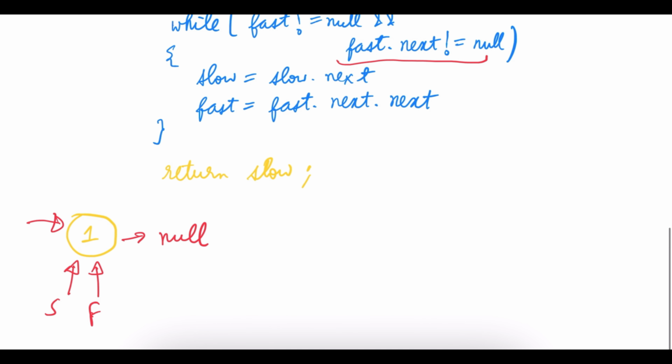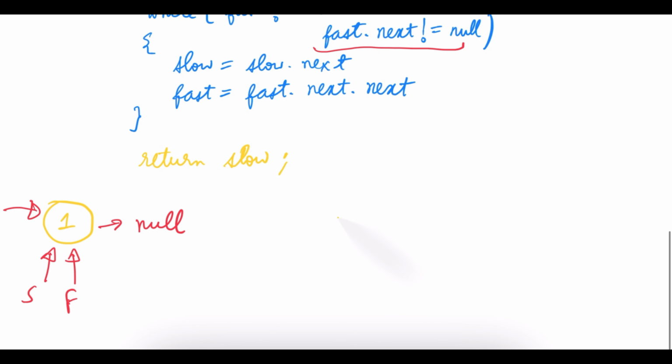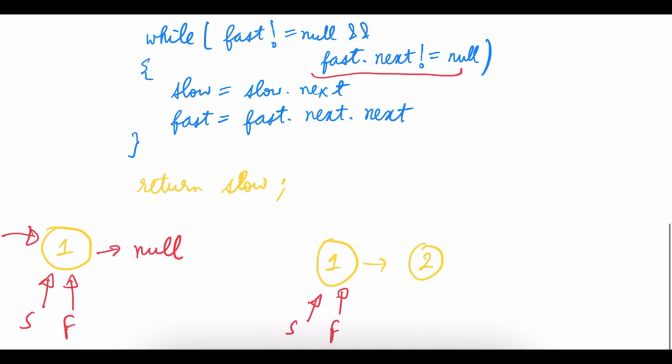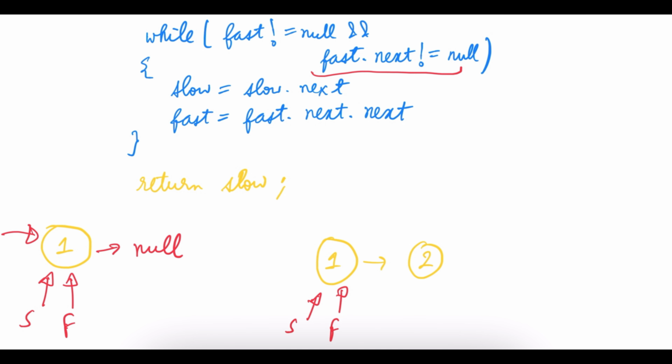Let's have a look at a linked list with two nodes. Here we have 1 and 2. Our slow and fast would be here, and fast is not equal to null, and fast.next, which is node 2, is also not equal to null.